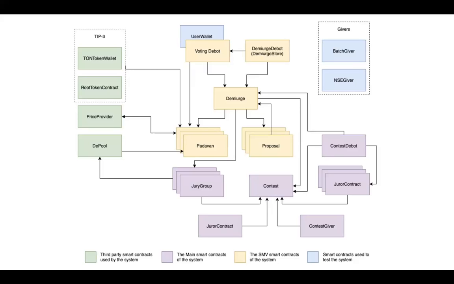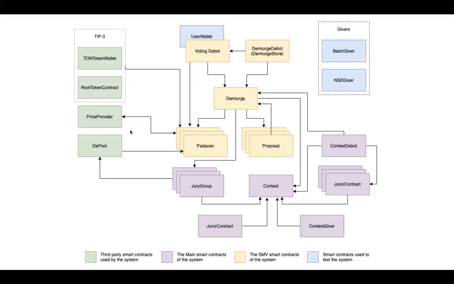So what more in the SMV part? As I said, Padawan can use TIP-3 depools and tons to vote for proposals. We can see on the left the TIP-3 part and the price provider. How does it work?